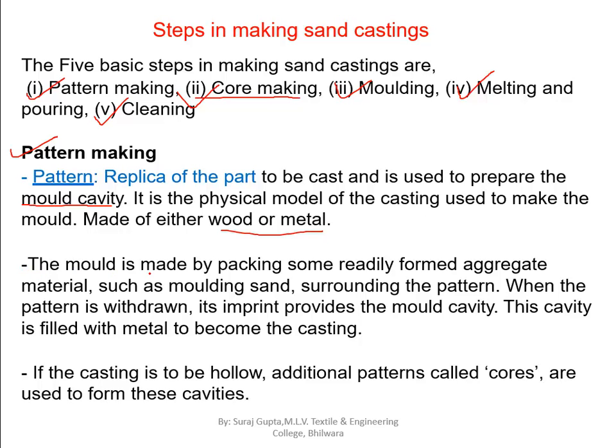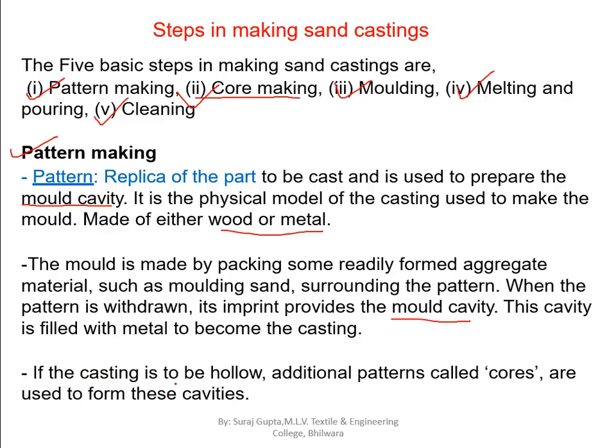The mold is made by packing some readily formed aggregate material, such as molding sand, surrounding the pattern. When the pattern is withdrawn, its imprint provides the mold cavity. This cavity is filled with the metal to become the casting.